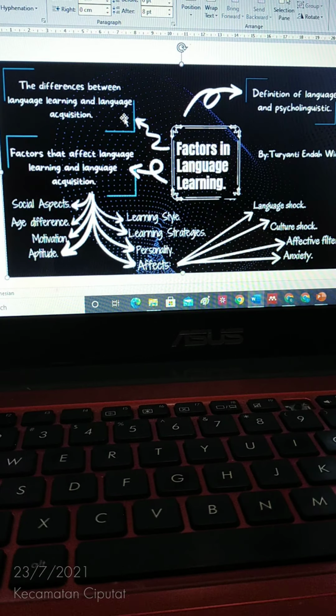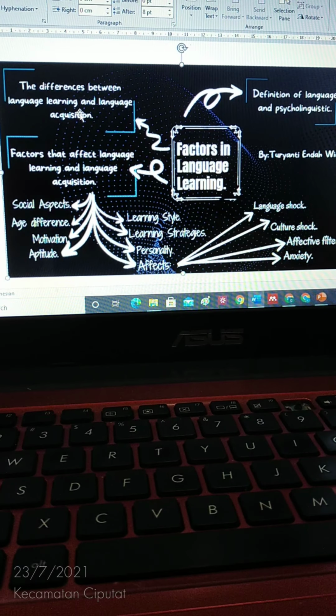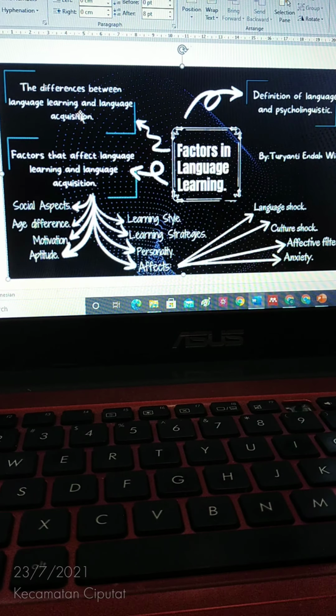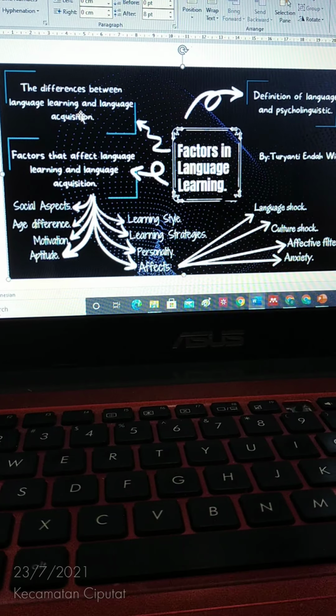So, okay, next, the differences between language learning and language acquisition.